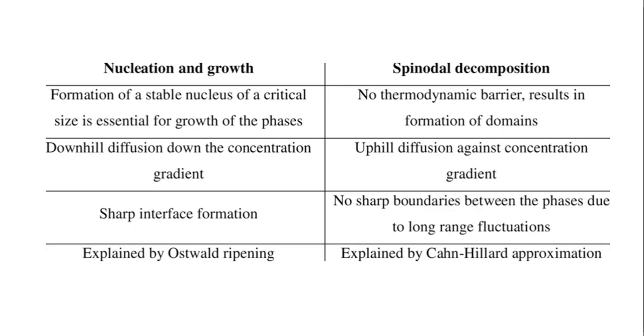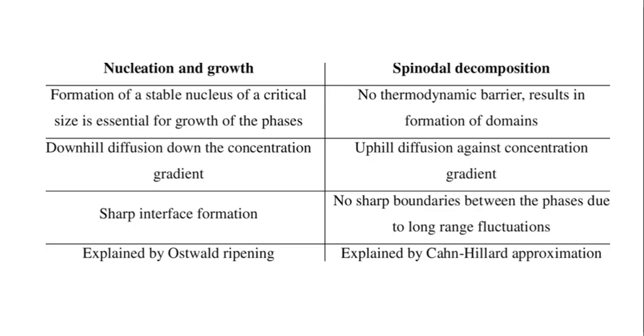The nucleation and growth process essentially involves formation of a stable nucleus of critical size and the growth of the nuclei of size greater than the critical size. In the case of spinodal decomposition, there is no thermodynamic barrier, and domains are formed as a consequence of spinodal decomposition.